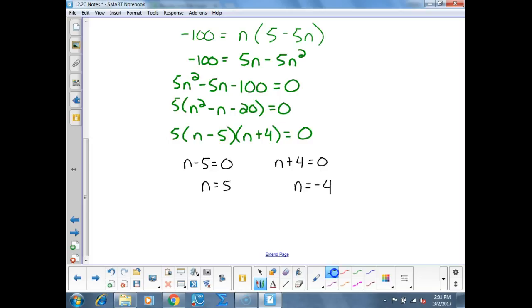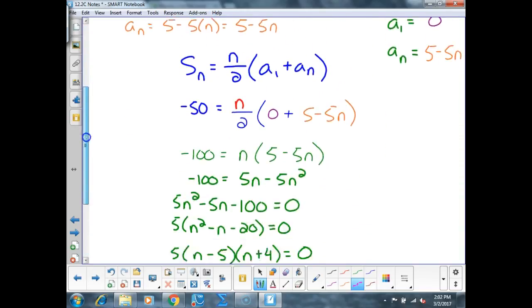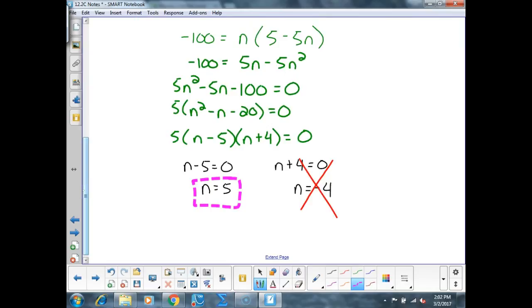But it's hard to have negative 4 terms in my sequence. So this one gets kicked out, and I'm left with the number of terms in my series being 5. That's what I'm looking for, solving for n. Same type of problem, just a little more algebra involved.